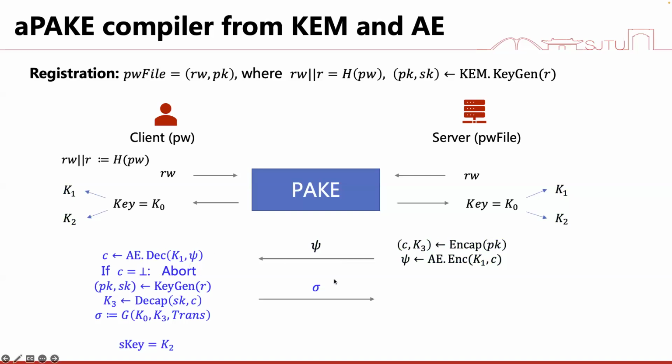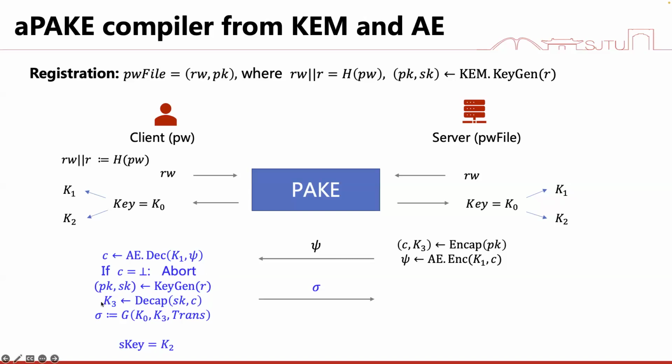When receiving the ciphertext PSI from the server, the client first uses K1 as the secret key to decrypt the key encapsulation C. If the ciphertext is invalid, then the client will reject the session and abort.